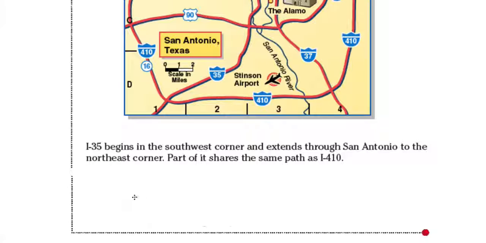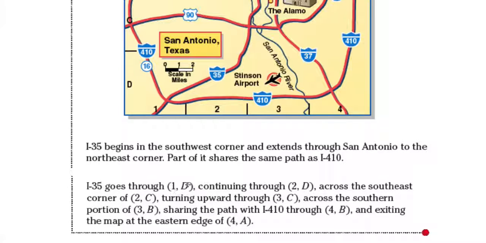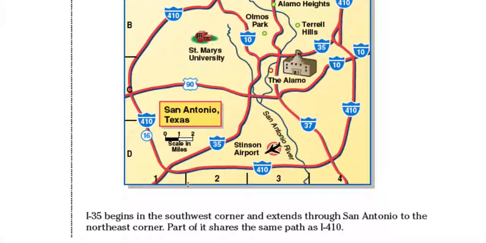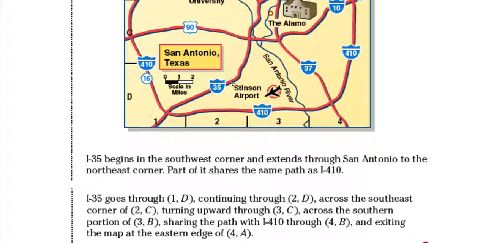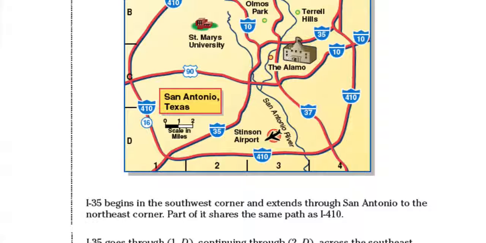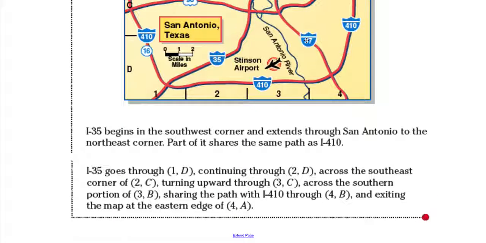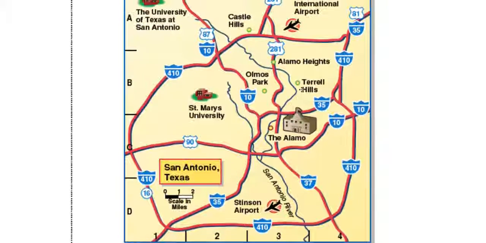I-410. So I-35 goes through 1D, right there, continuing to 2D, and then the southeast corner of 2C, turning upward to 3C, and across the southern portion of 3B, all the way up there, sharing a path with I-410 through 4B and exiting the map at the eastern edge of 4A.